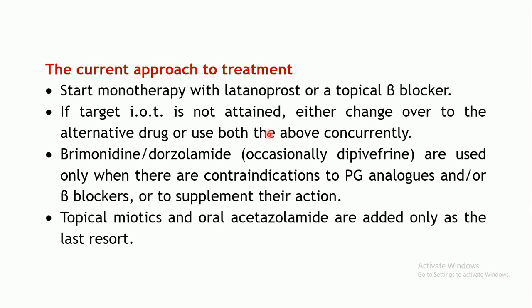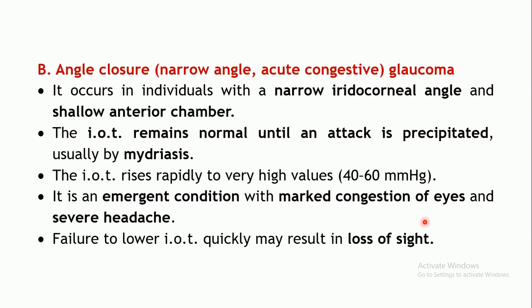Apart from this, brimonidine or dorzolamide are used only when there are contraindications to the PG analogs or the beta blockers, or as add-on therapy to supplement their action. Topical miotics and oral acetazolamide are added only as a last resort. If at all required, they must be added, otherwise they are not preferably utilized in the treatment.